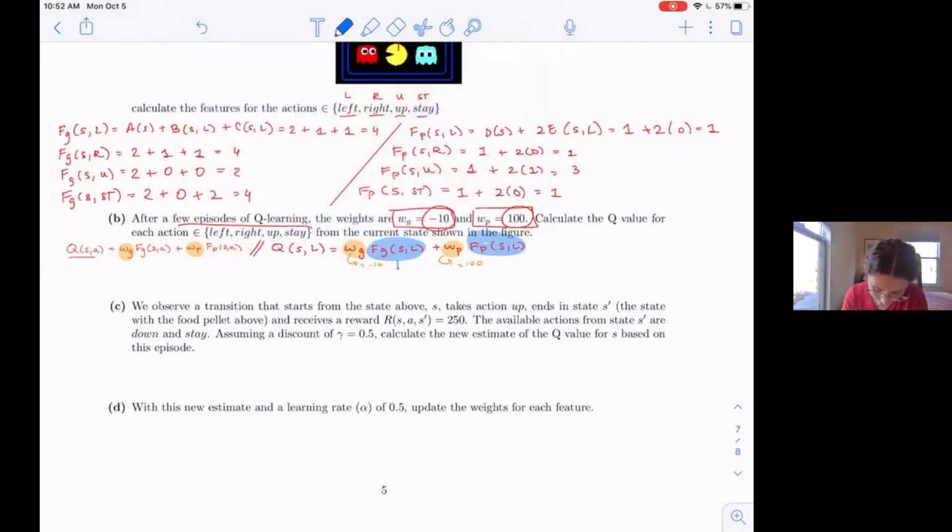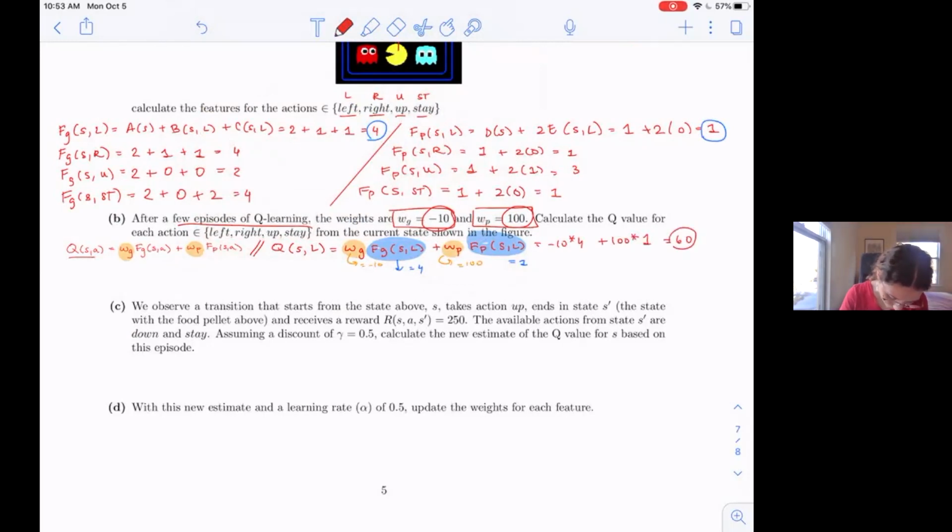So we know that FG of SL is going to be equal to 4, and FP of SL is going to be 1. So what's going to be the total approximate Q with our current weight estimates at this state and action? It's going to be -10 times 4 plus 100 times 1, which equals 60.